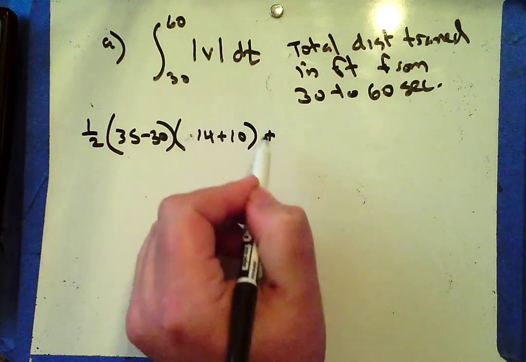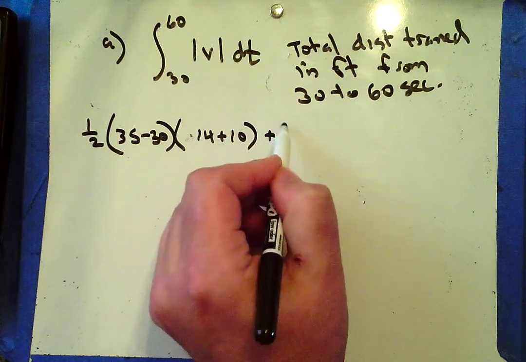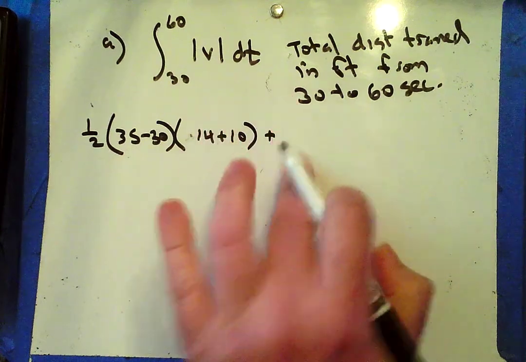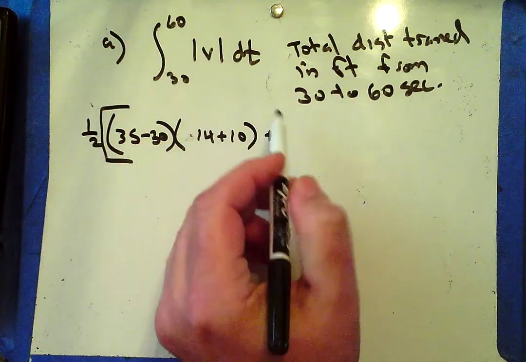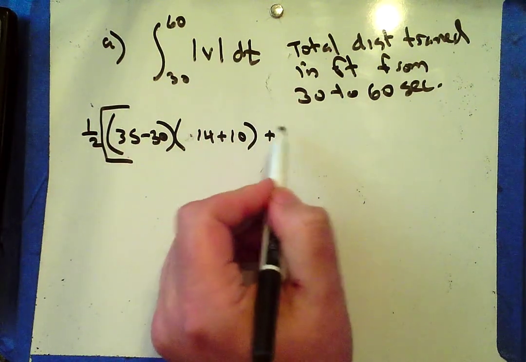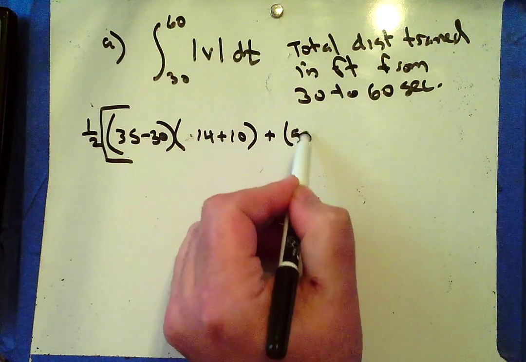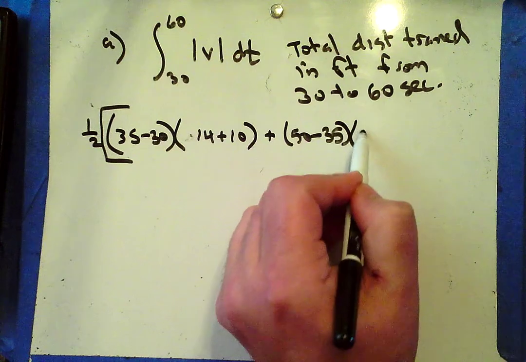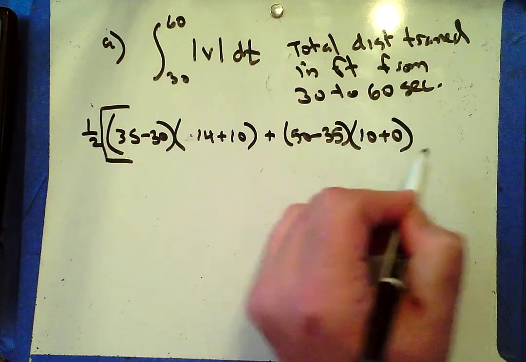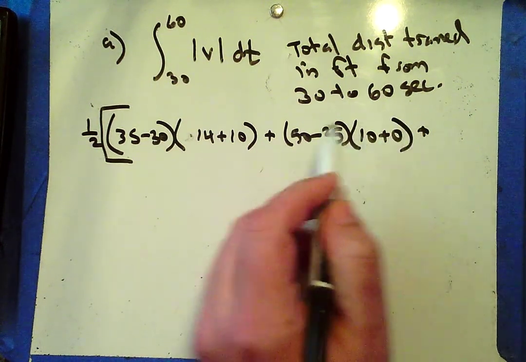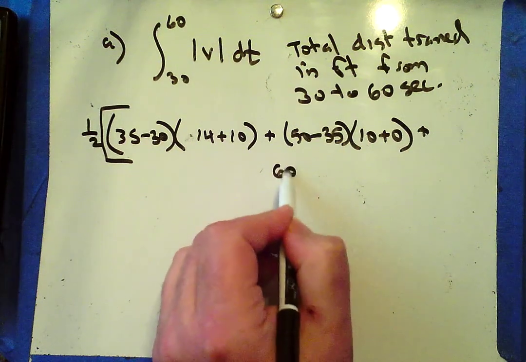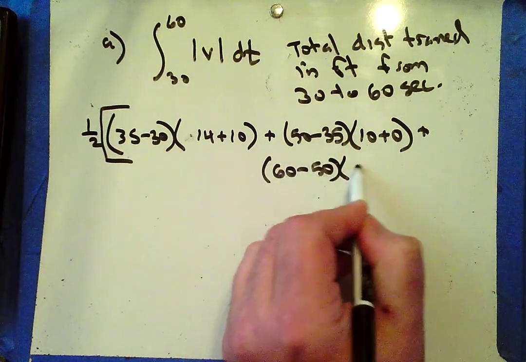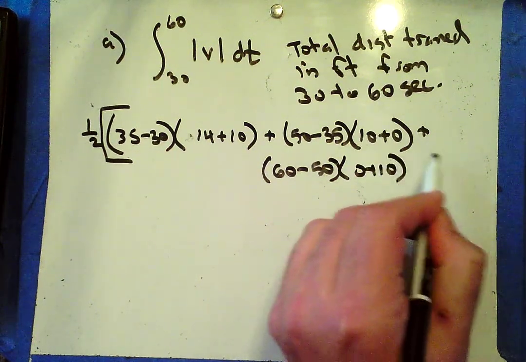Okay, and then the second trapezoid, 1/2. I guess we could have pulled the 1/2 out of everything. Let's do that. 1/2. And then here we have 50 minus 35 and 10 plus 0. And then our last trapezoid, 60 minus 50 times 0 plus 10.